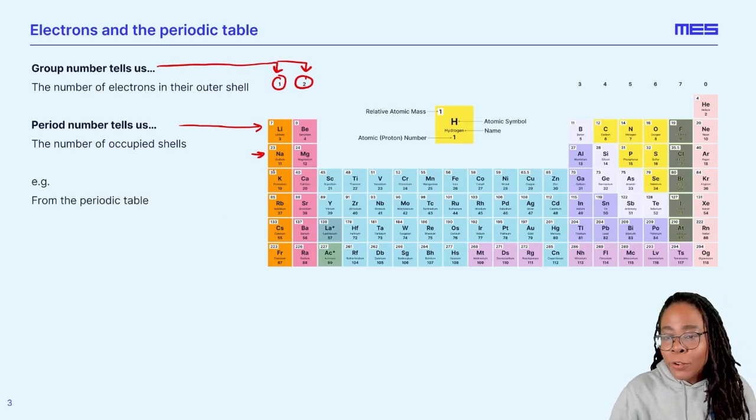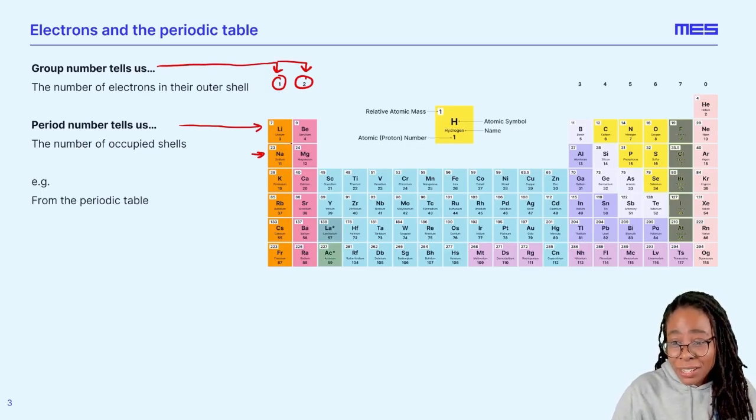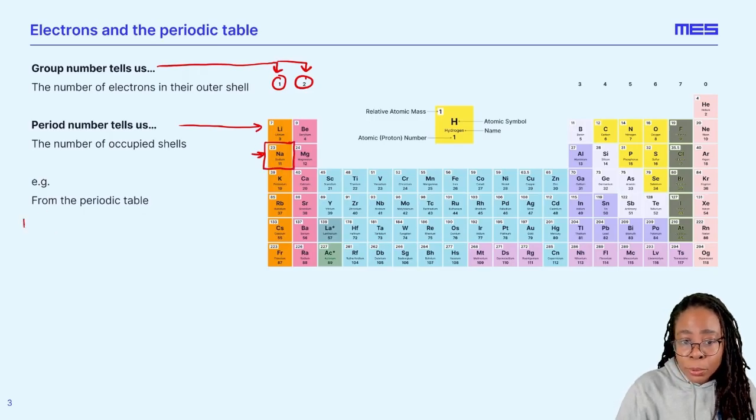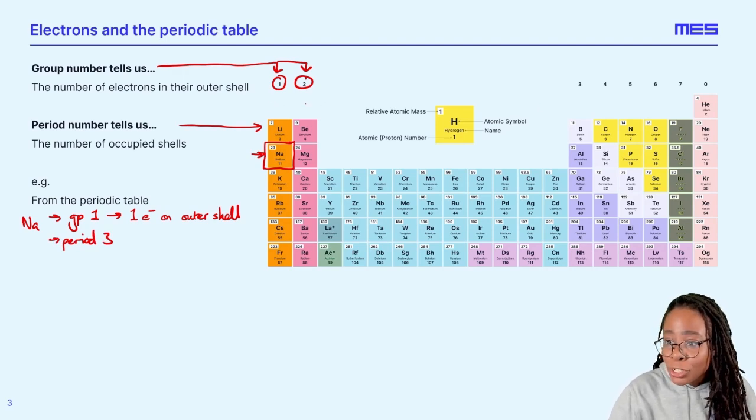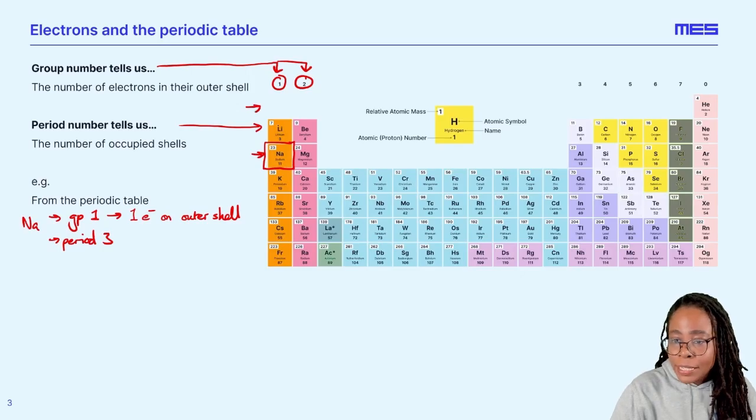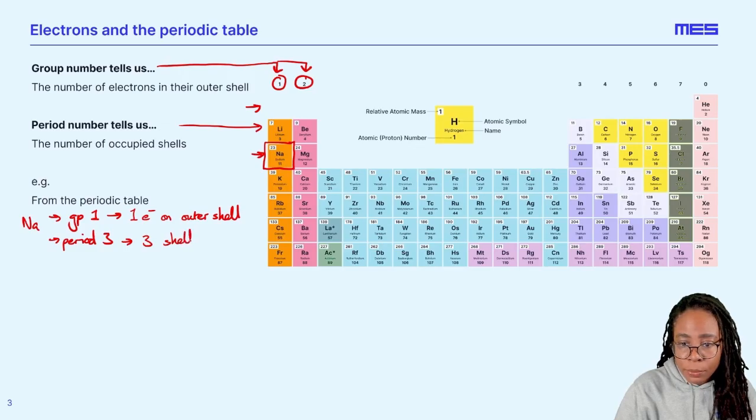So for example, if we look at the periodic table, and I'll take sodium as an example, sodium is in group 1, which tells us that it has 1 electron in its outer shell. And it is in row or period 3. Even though it looks like 2, the first row is actually the one with hydrogen and helium. And then the second row or period is the one with lithium, third with sodium. So that tells us that there are 3 occupied shells.